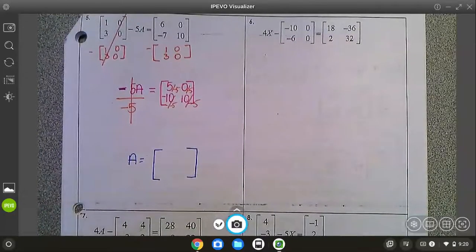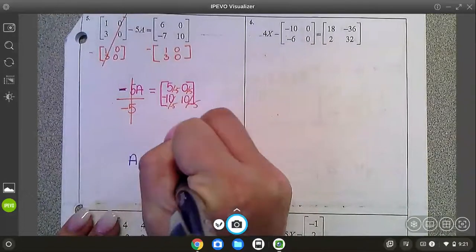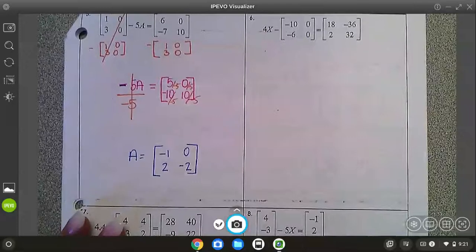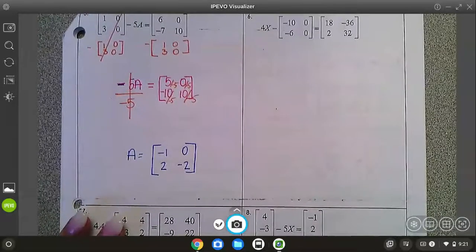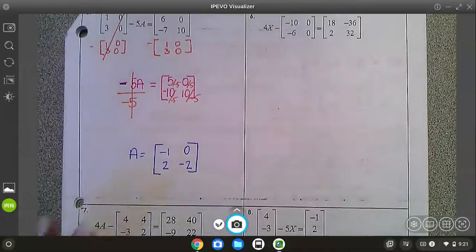So divide all of those numbers by negative 5, and we get negative 1, 0, 2, and negative 2.